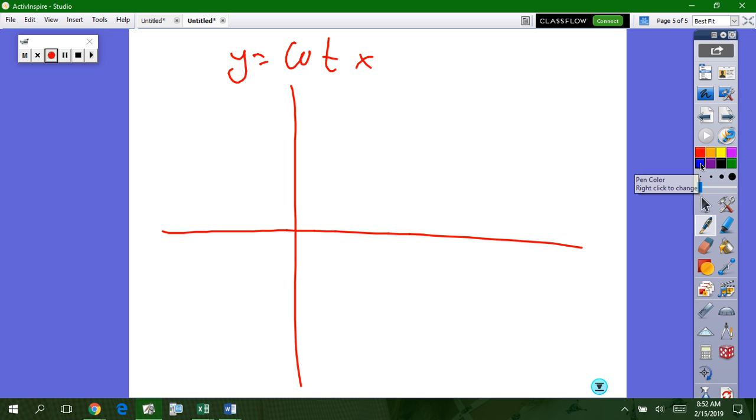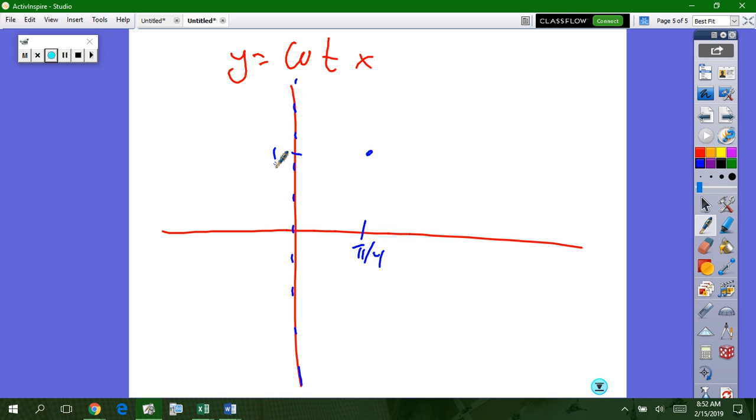Remember, tangent was 0 here, so what's the reciprocal of 0? Undefined. At pi over 4, that was 1. What's the reciprocal of 1? 1. At pi over 2, tangent was undefined.